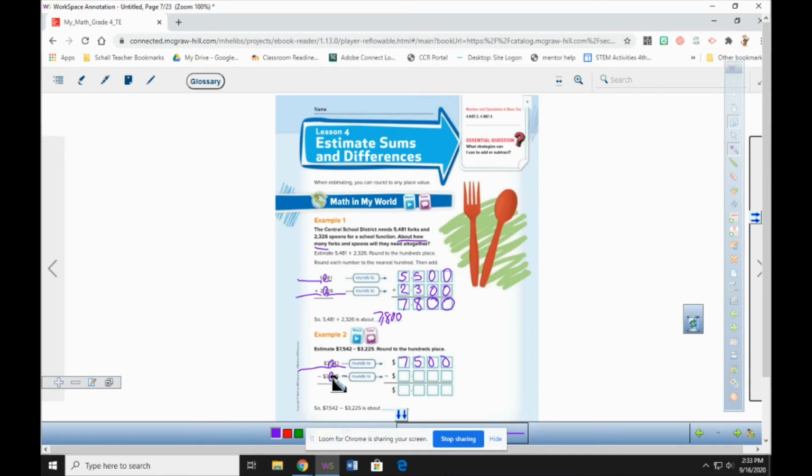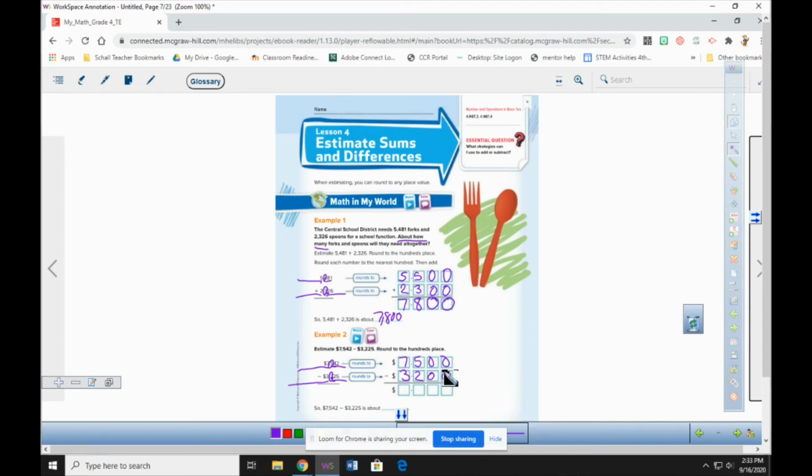3,225. The 2 tells us that our hundreds place is going to stay what it already is. We're rounding down. So the 2 in the hundreds place is still a 2. Everything to the left stays the same. Everything to the right becomes a 0.